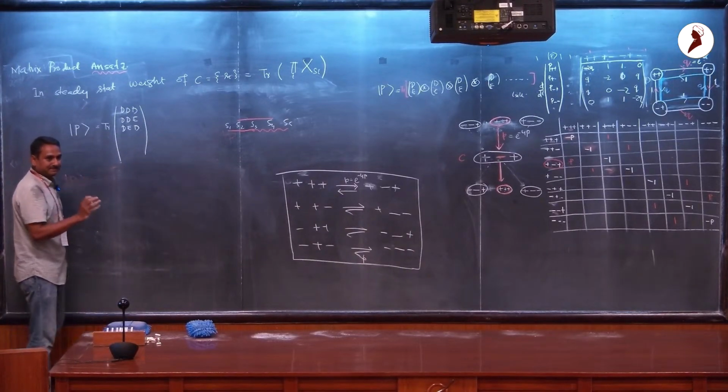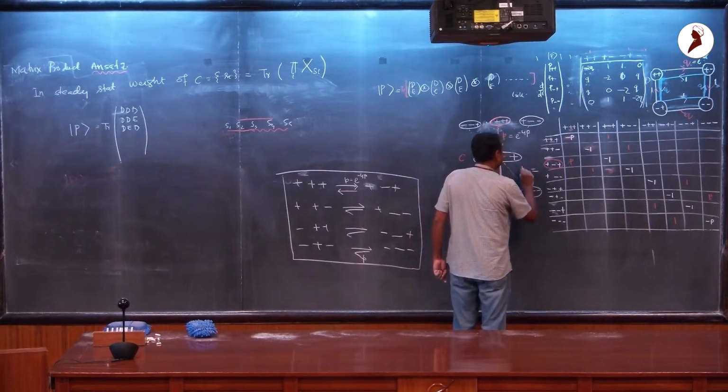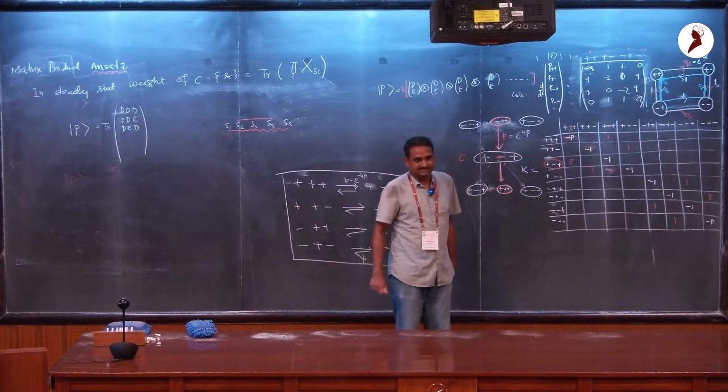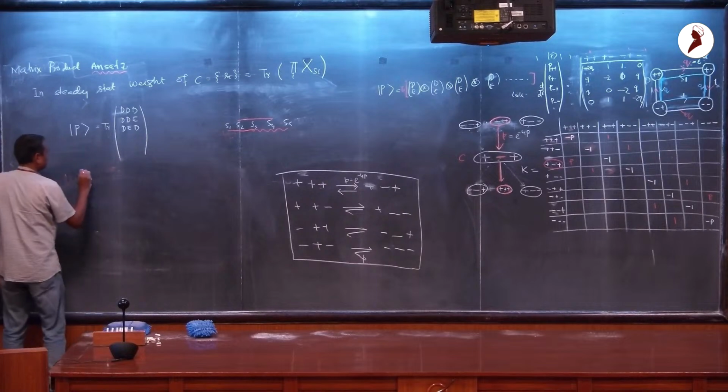So let me define matrices. This particular matrix, I am calling it K, which is an 8 by 8 matrix. Now I am defining matrices Mk.